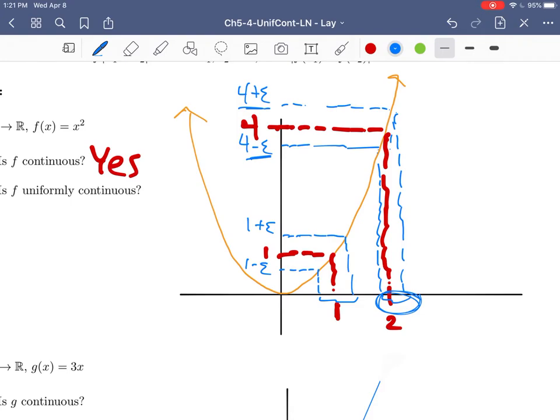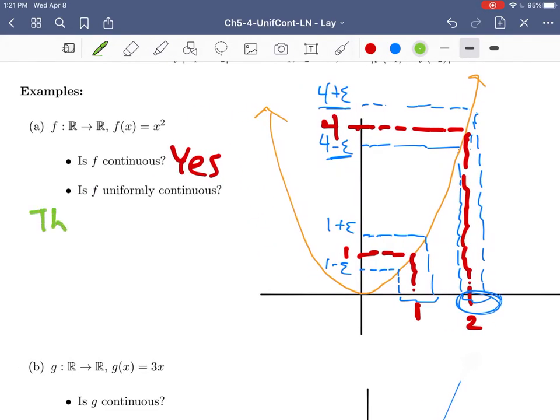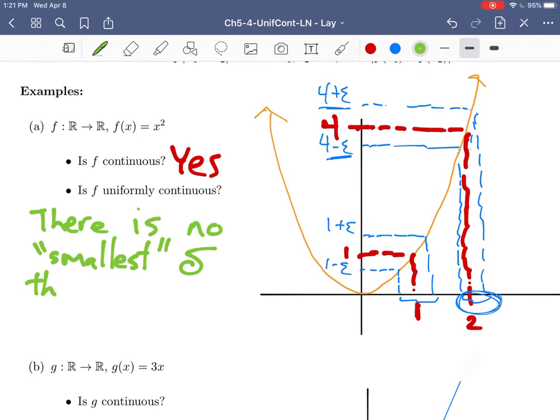We could say there is no smallest choice of delta that would work for every single epsilon.